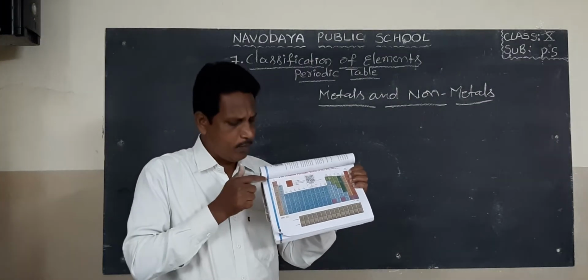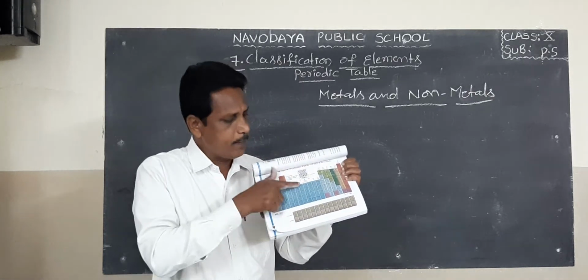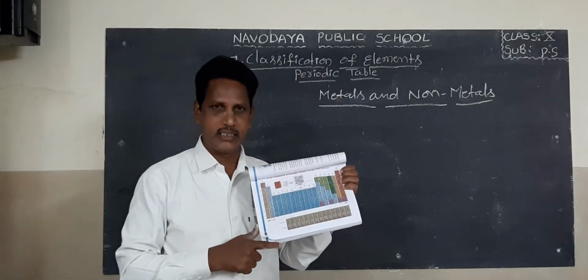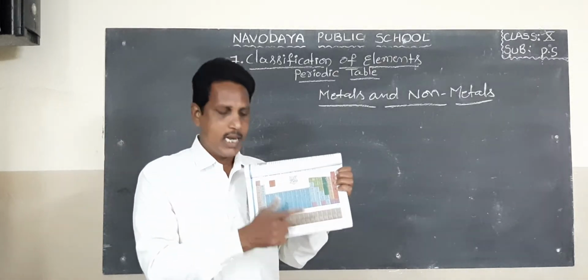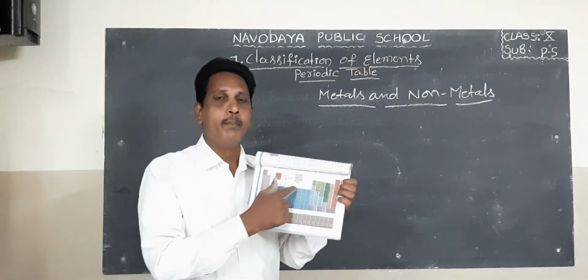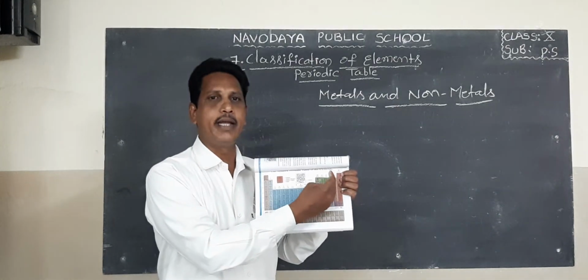As we go from top to bottom in a group, metallic property gradually increases. Left to right in a period, metallic property decreases and non-metallic property increases.